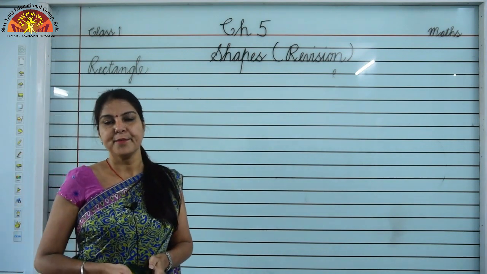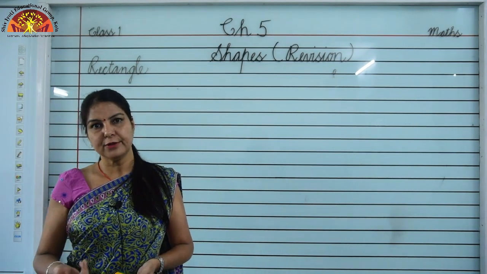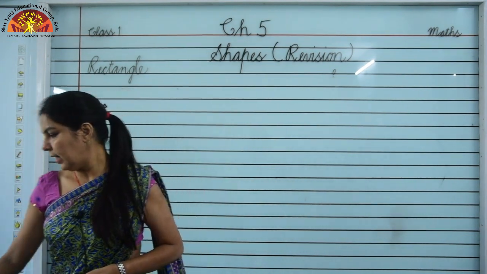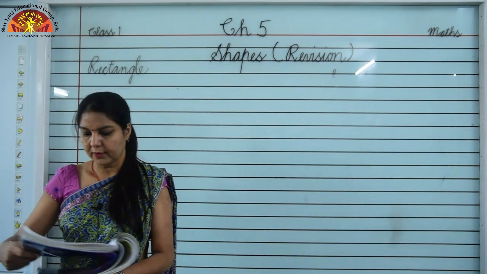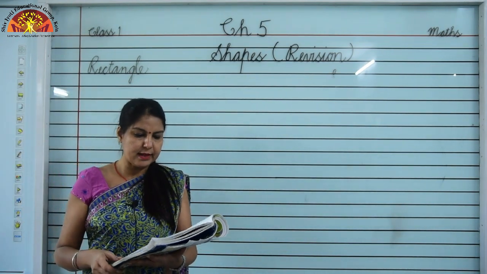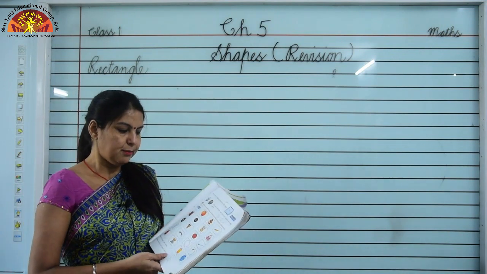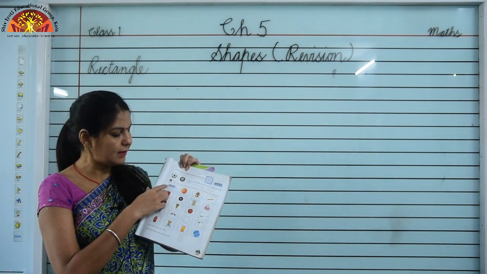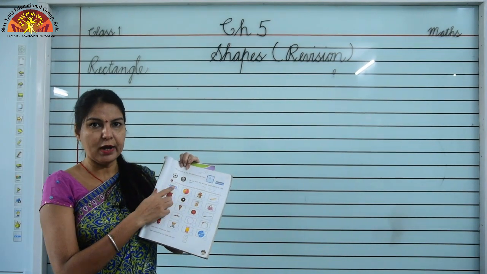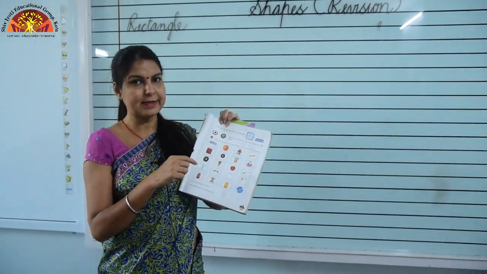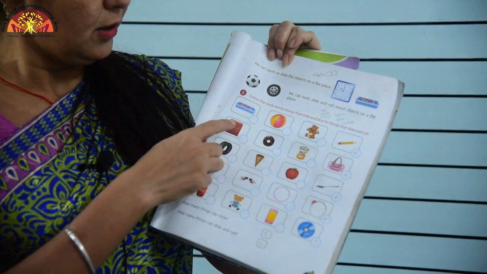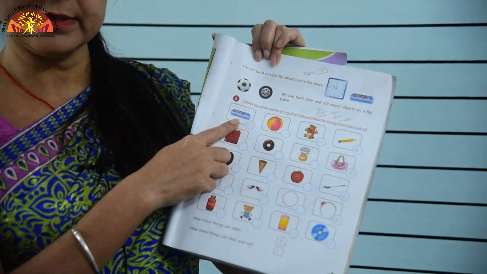Now children, this is all about today's revision. Now we will see exercise of this, page number 67, question number 5. Here you can see some objects are given. You have to find out which can slide and which can roll. Here you can see this box, pencil box.